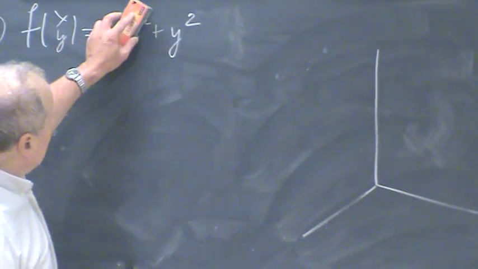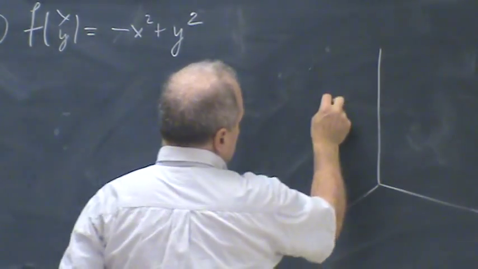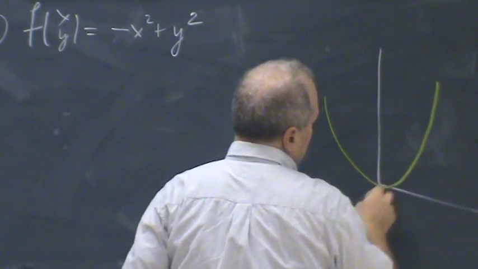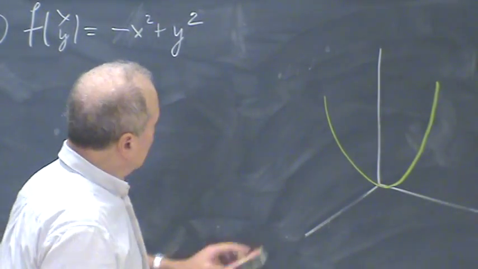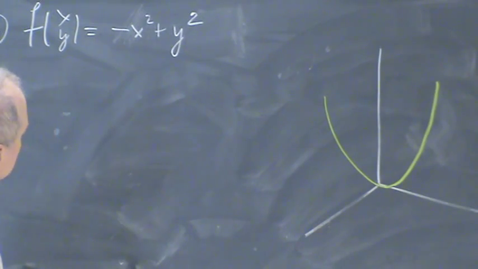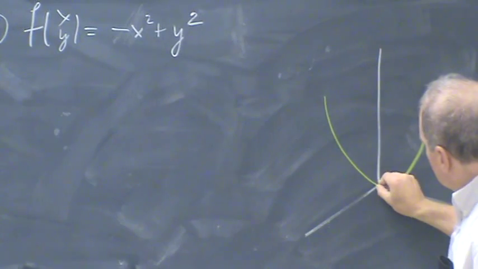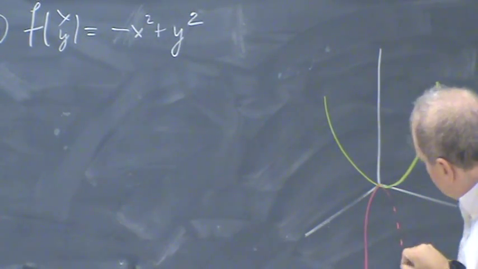If you fix x equal to 0, you see z equals y squared. What if you fix y equal to 0? We see the negative. So in the xz plane, you see a parabola going down.